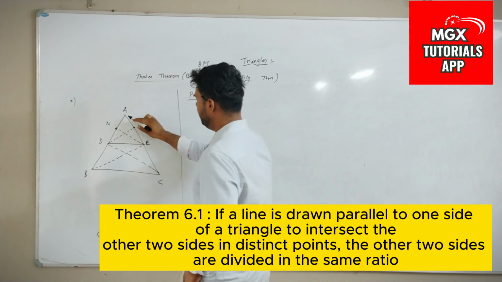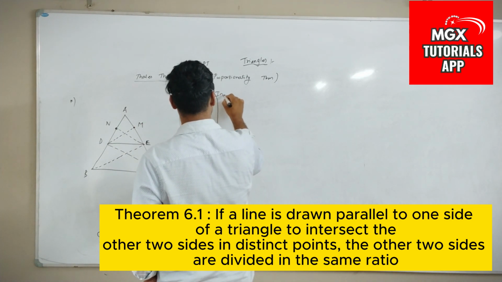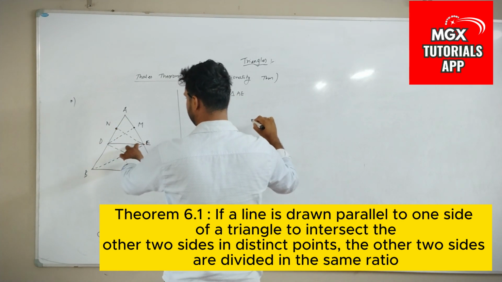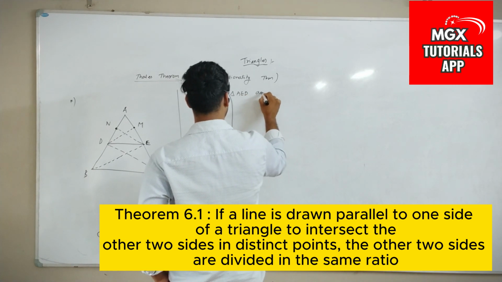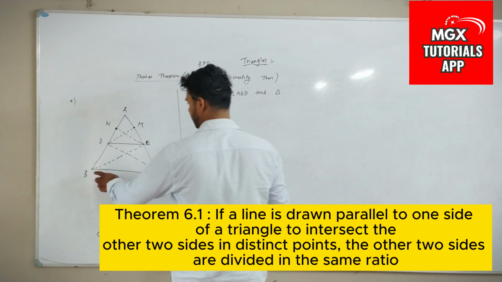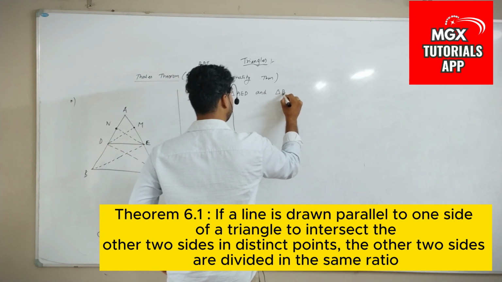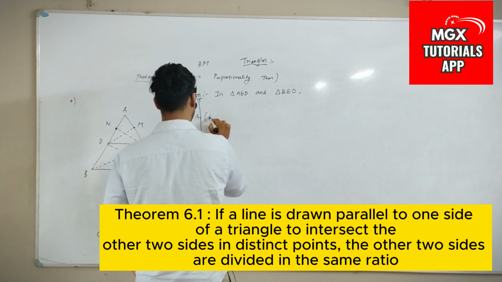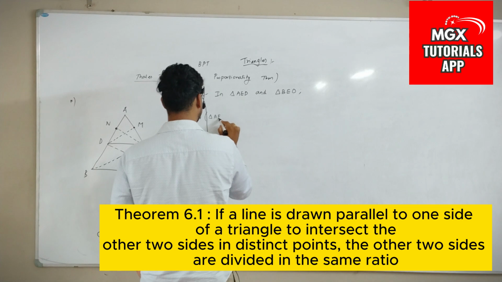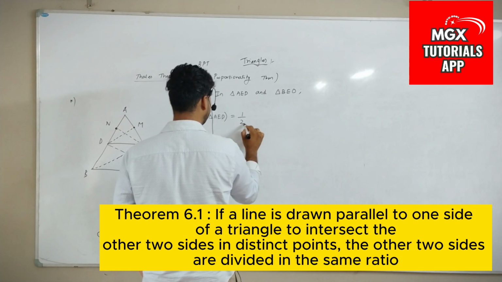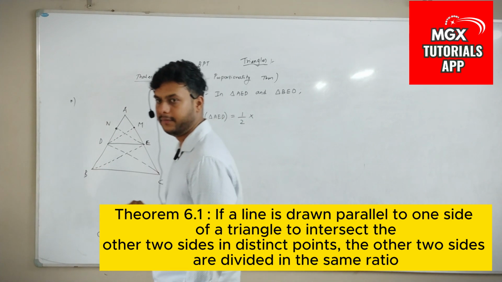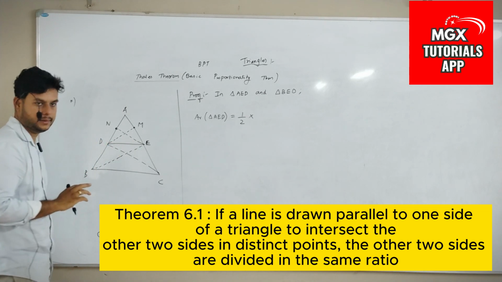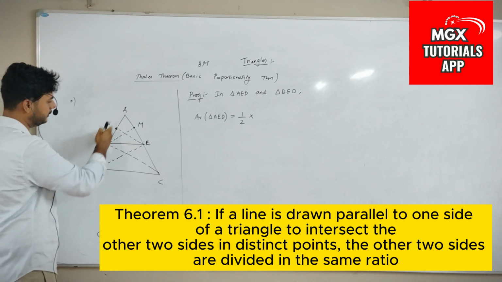First, I will take triangle ADE and triangle BDE. Area of triangle ADE is equal to half into base into height, correct? Now come here. ADE is a triangle. What is the base here? AD is the base.